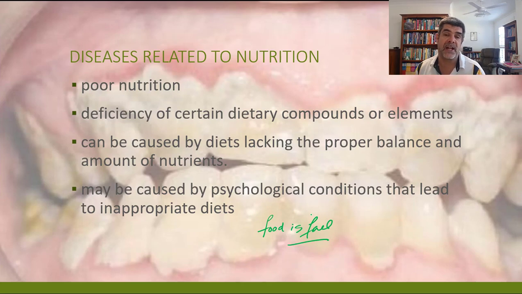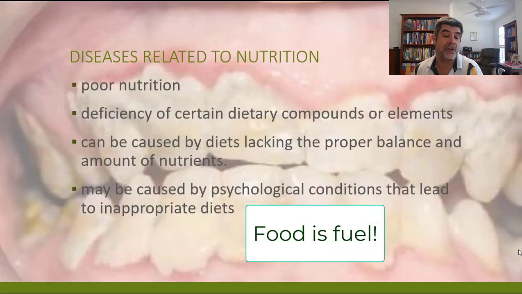Once we start to examine some of these important compounds or elements that are part of a good balanced diet, we can start to link in some of the diseases associated with a deficiency of a certain type of element or compound. And these can be caused by a lack of a balanced diet, a lack of certain types of things that are in our diets, and or some psychological conditions that may be affecting our attitudes to food in general.